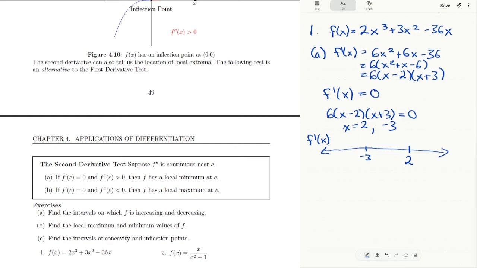So now what we want to do is test the sign of f prime of x within each of these intervals. So between negative infinity and negative 3, between negative 3 and positive 2, and between positive 2 and infinity.